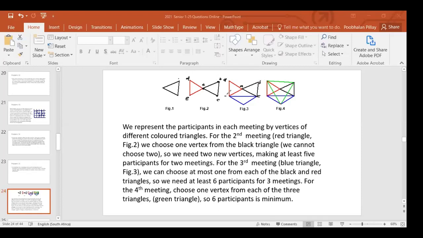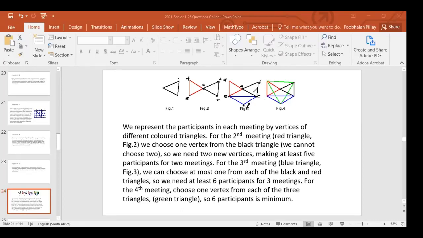Now at the third meeting, right, you'll have to use as many people from the other 2 meetings as possible, because you want to get the least number. So let's choose 2 people. You can choose 1 from here, and you can choose 1 from here, right? But you can't choose more than that. So if you choose that, then you got a new person, which you need for the third meeting.